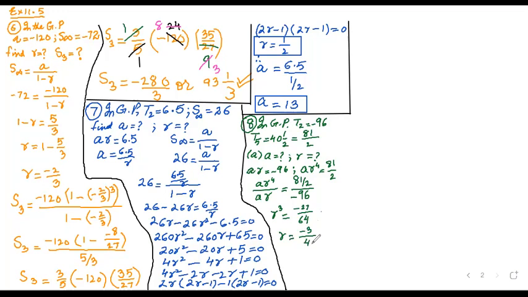Putting this value of R in this equation, which is AR equal to minus 96. So therefore A times R, value of R has come out as minus 3 upon 4, is equal to minus 96. So minus and minus will be cancelled, and 96 can be reduced with 3. So this will become 32, and 32 times 4 is 128.